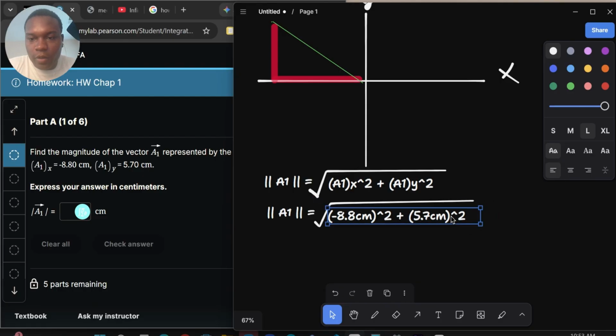We're going to plug this into a calculator, and we're going to get the magnitude here.